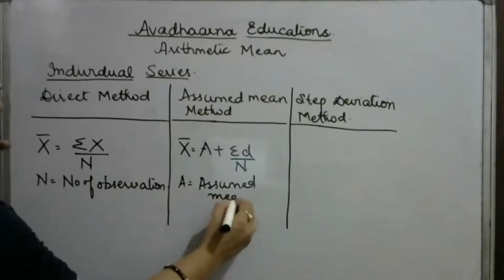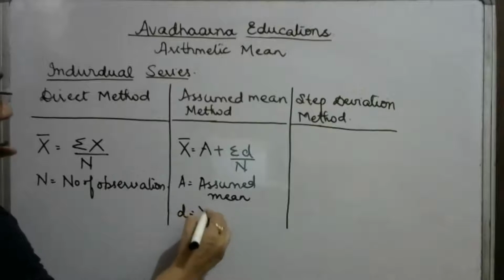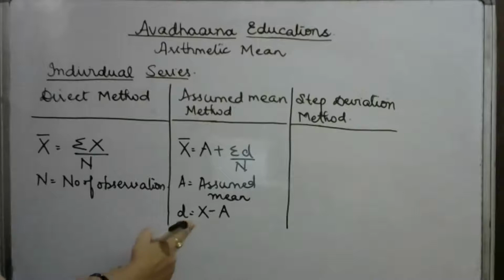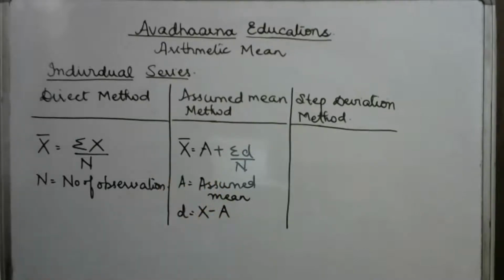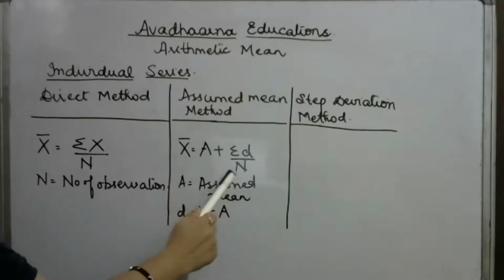So a is the assumed mean and d are the deviations from the assumed mean. So d is equal to x minus a. We take the summation of these deviations. So the formula for calculating arithmetic mean will be mean is equal to a plus summation d over n.